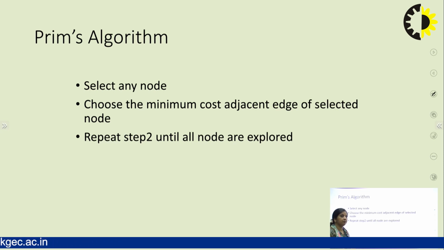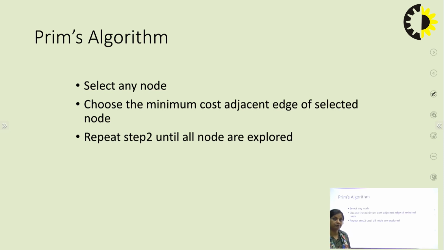So we will start with the node, then find the adjacent node based on the edge with the minimum cost, and finally we will reach the spanning tree which has the minimum weight.